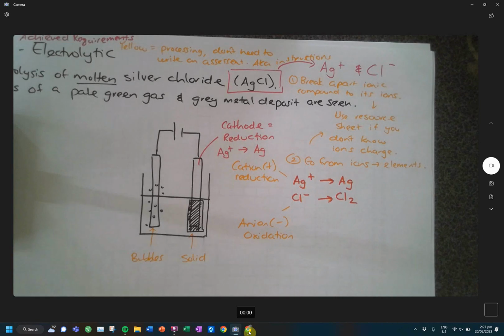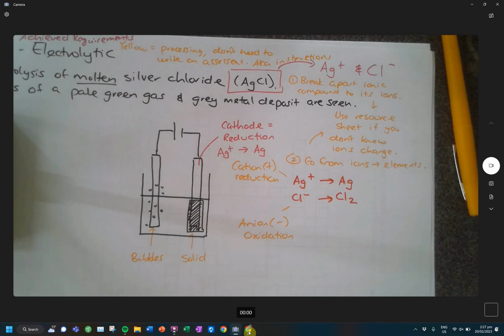Yeah, because you're showing what your product and reactants are. To be fair, you had them over here. Actually, I'll probably change that back to yellow. I don't like my color coding. I know you guys are going to hate it.